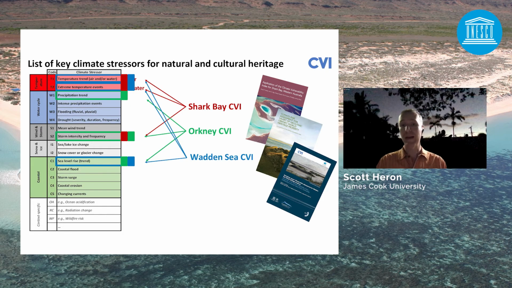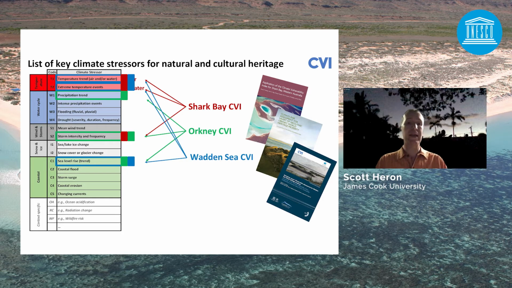For the Shark Bay application, the temperature trend, the long-term changes, and extreme temperature events, short-term bursts, were identified, as was storm intensity and frequency. In the heart of Neolithic Orkney in the north of Scotland, a cultural property, these were the 3 identified key climate stressors based on an analysis using the property values: precipitation trends, storm intensity and frequency, sea level rise.